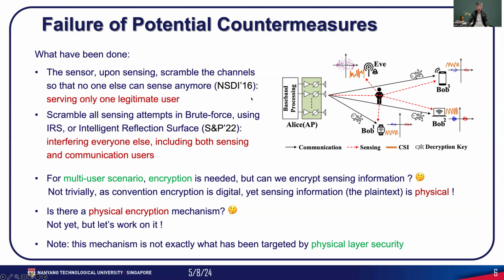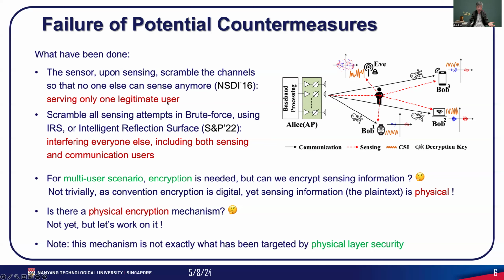The first proposal says that if we have one legitimate sensing user who is allowed to sense, then after receiving the Wi-Fi sensing information, or the CSI, it will absorb the information but then inject jamming into the channel so that no one else can sense.